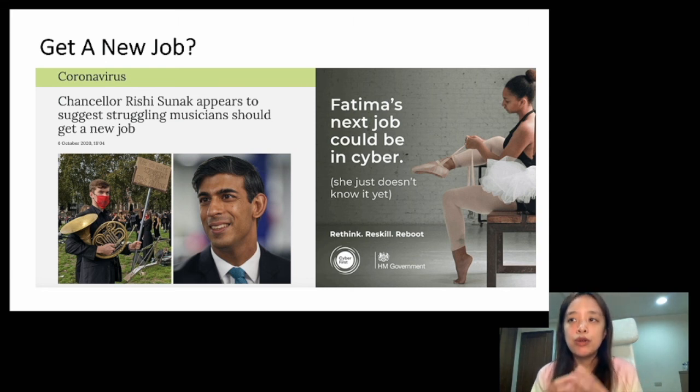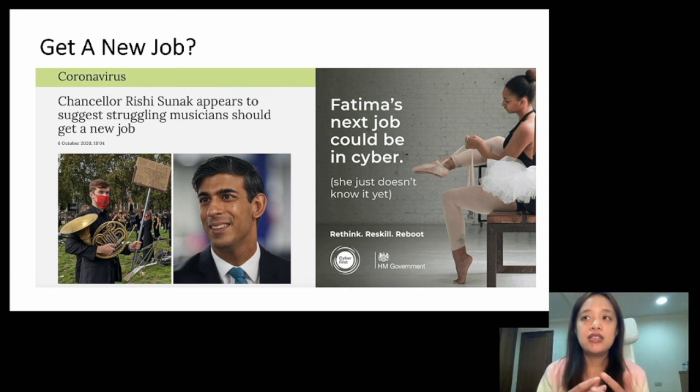And since it's not really a job, there seems to be less protection over it. And when you think about how difficult it is to unionize actors and musicians, and how, yes, those unions do exist in a lot of countries, but they're still more vulnerable than a lot of the other sectors.